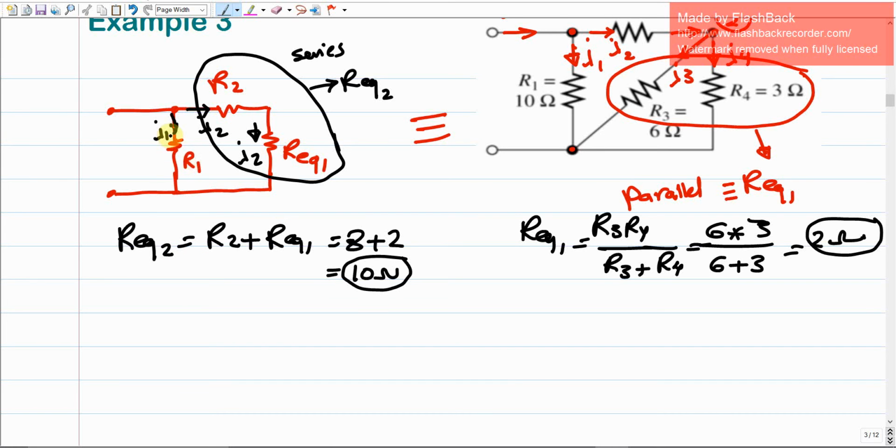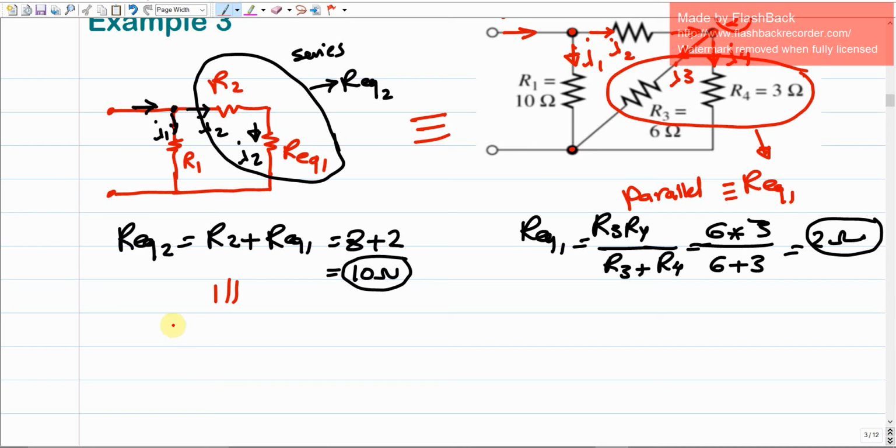Why in parallel? Because the total current I here, this is the total current at this node, is going to be split into I1 and I2, which should be the same current over the equivalent of R2 and R equivalent 1. So what does it mean if we decided to do further simplification to this electrical circuit here? The electrical circuit is going to take this form.